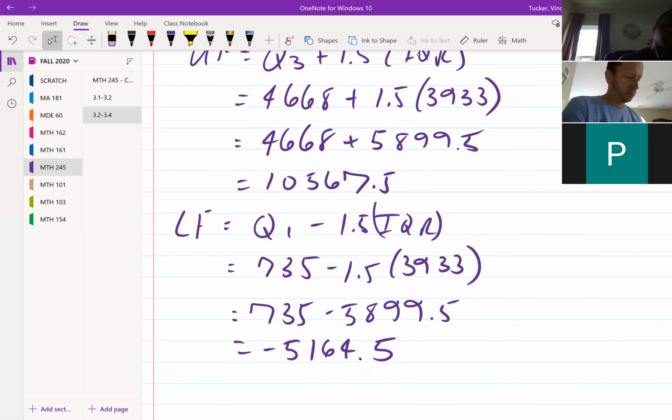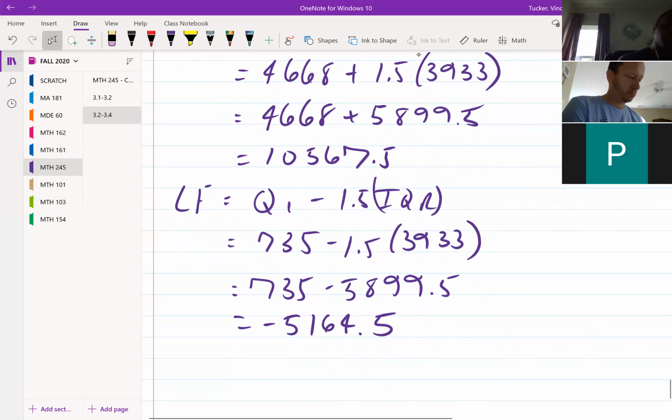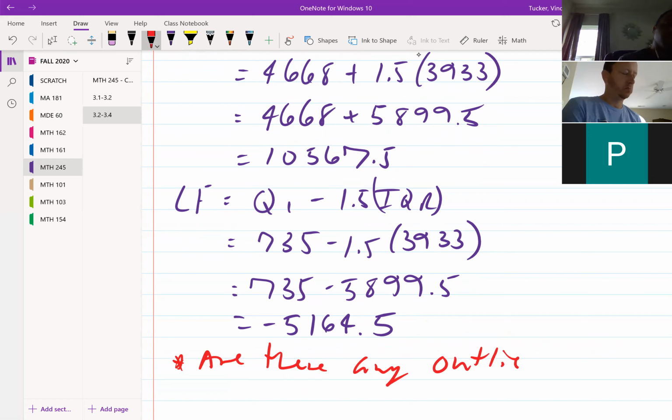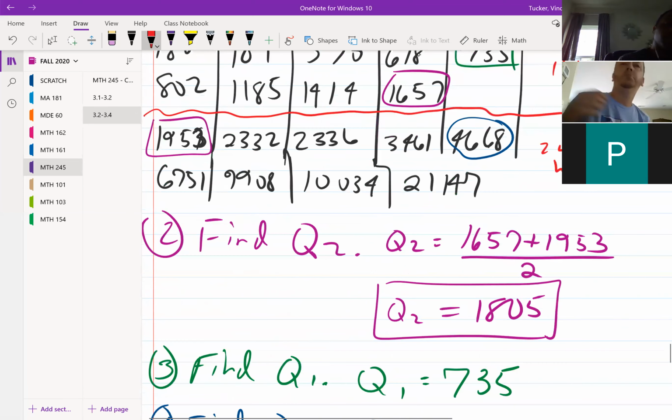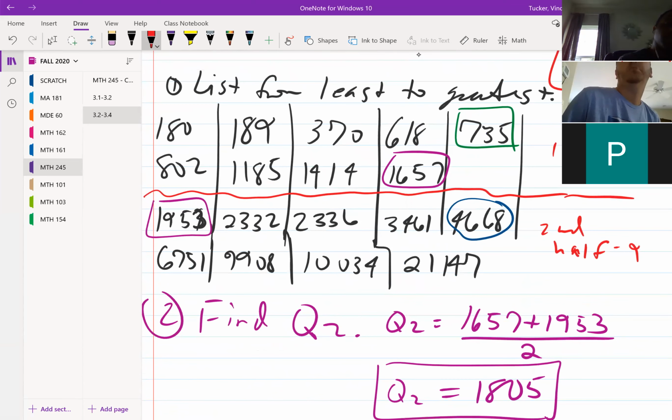So the last thing that we have is, are there any outliers? If we have any values greater than the upper fence or less than the lower fence, that would tell us that we have outliers. Those are our fences, so go back to your data set. We don't have anything less than the lower fence, because we have a 180, and remember that fence was negative.